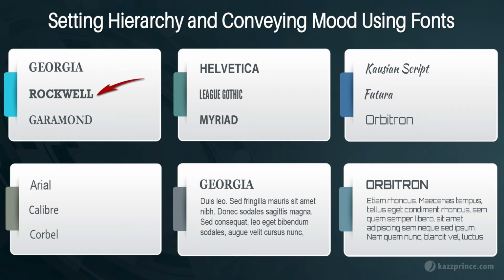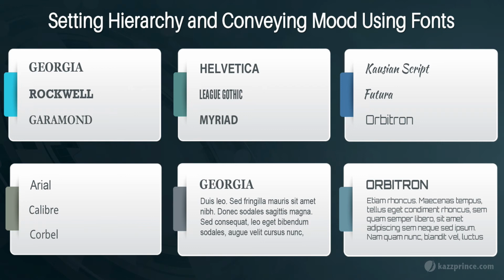And then Rockwell is an interesting font with a bit more of a slab serif look, and Garamond. My favorites for body text are Arial, which is boring but so recognizable that your student will not notice the font and they'll concentrate on the message, Calibri, and Corbel.